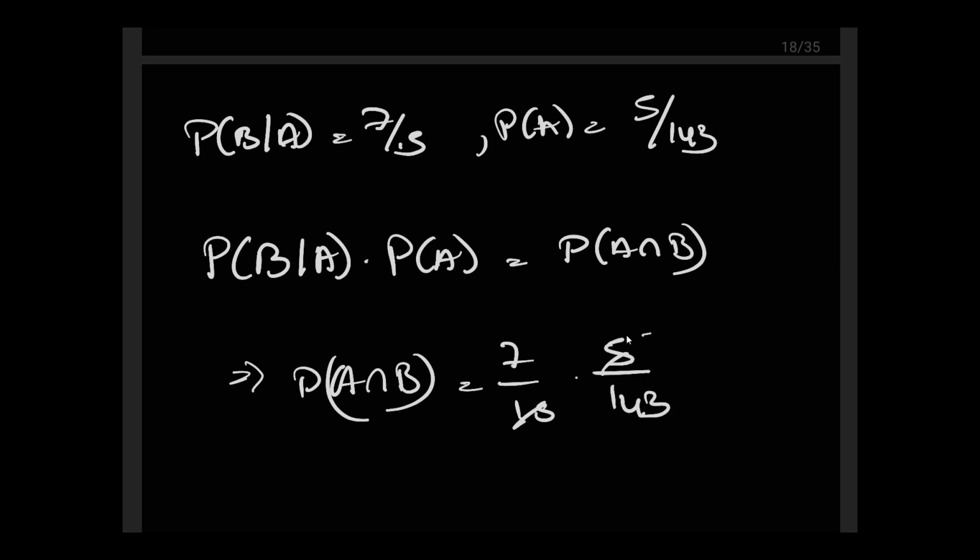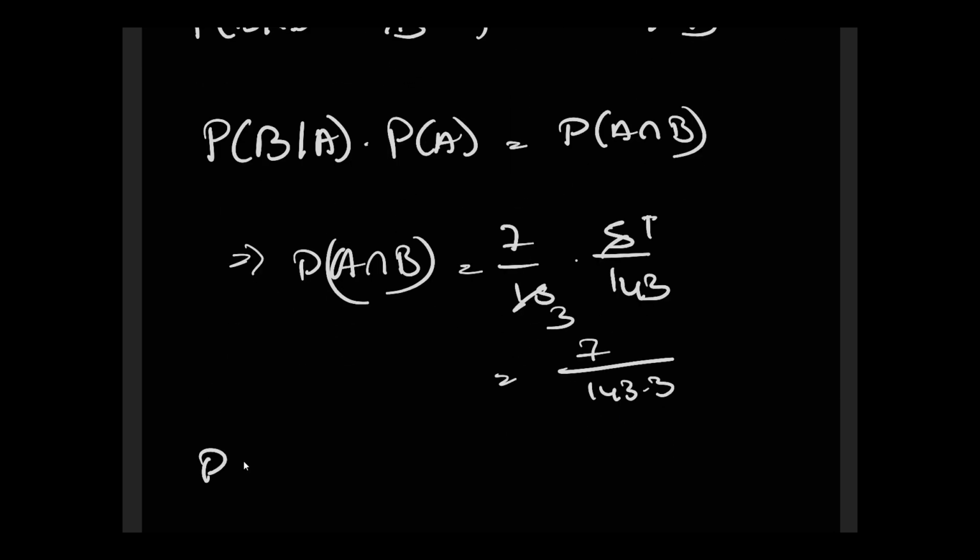This cancels by 5, so 7 by 143 into 3. Therefore, P of A intersection B is equal to 7 by 143 into 3.